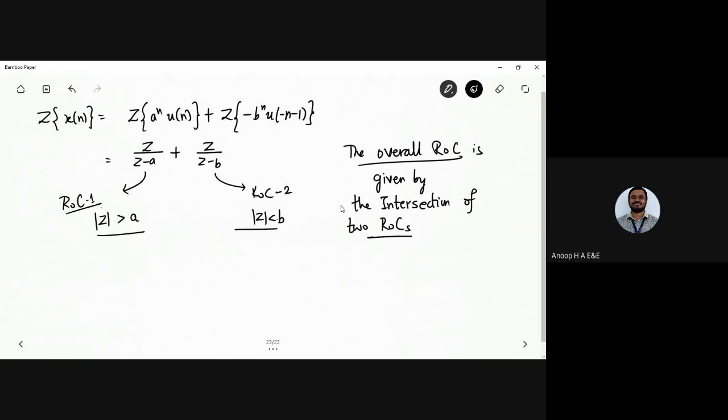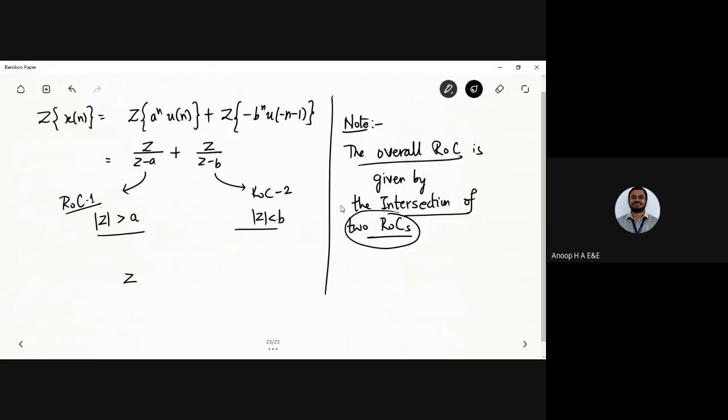Generally, if I have two signals and want to find the overall ROC, I can take this as one of the important points. You can note it down: the overall ROC is given by the intersection of the two ROCs present here.